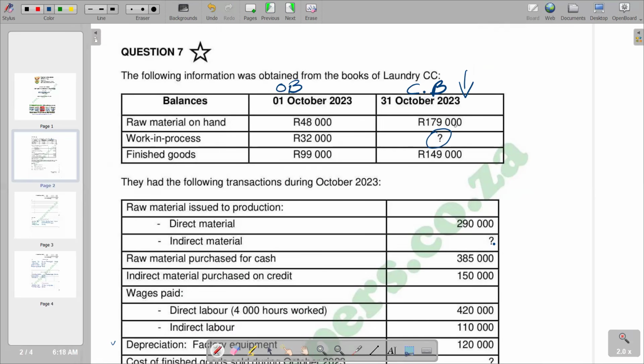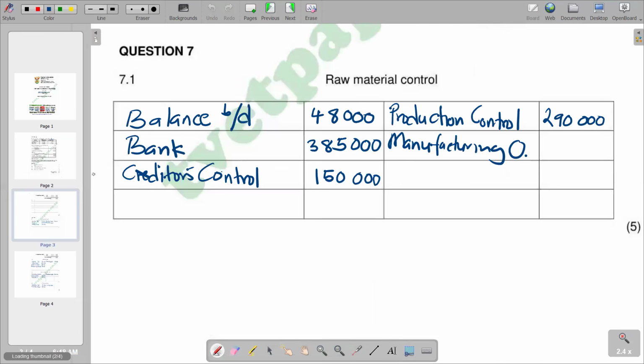We are given it as 179,000. So we go to raw materials control and put our balance CD as 179,000. And it will be balance CD on the credit side. Balance CD is 179,000.